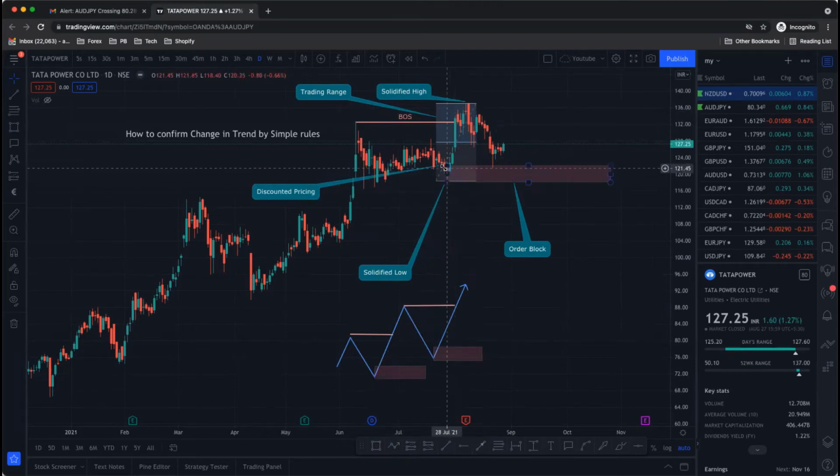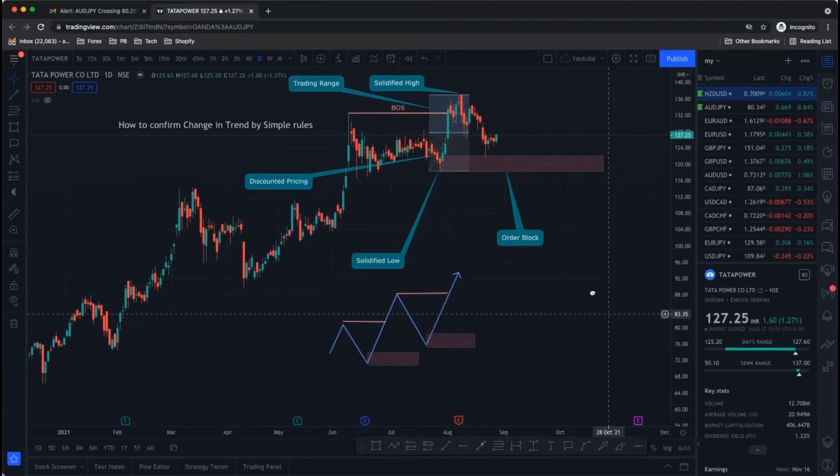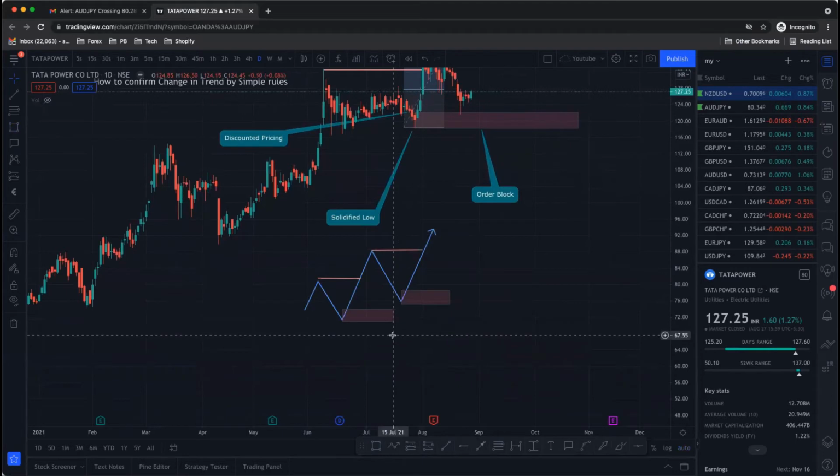As soon as the price enters your order block, you're going to go to the 1 minute and look for this kind of structure. You need to have 2 BOS. Unless you see 2 BOS, you are not going to enter, because that's too risky.